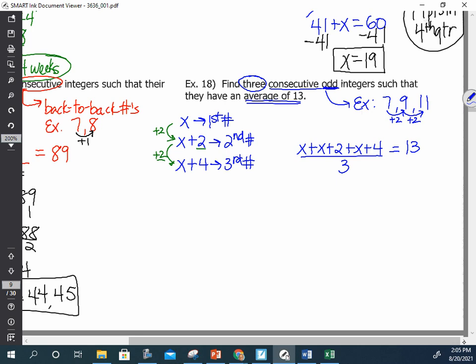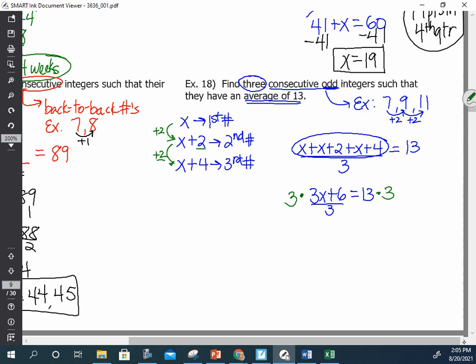So when we solve, we're going to combine like terms at the top. So 3x plus 6 divided by 3 equals 13. Again, remember, a fraction means division. The opposite of division is multiplication. So we're going to multiply both sides by 3.